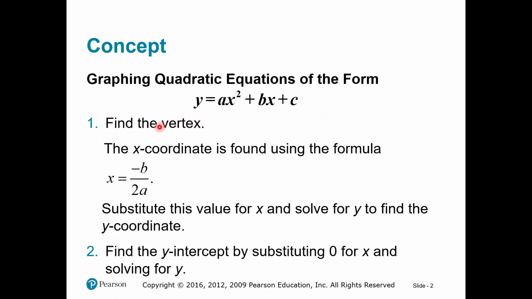And so first, we look for the vertex, which is a point. A point has two parts, the x and the y. For the x, we use the formula x equals negative b divided by 2 times a.